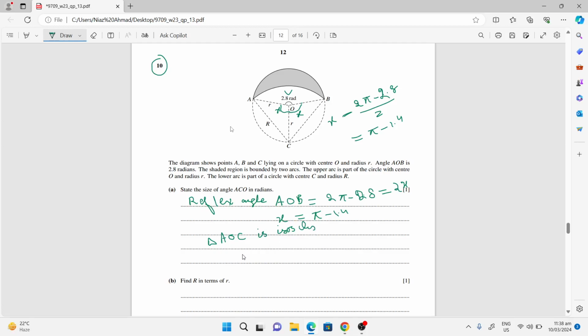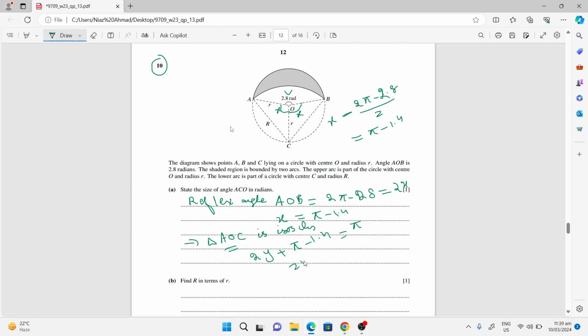So if it is an isosceles triangle, now the unknown value, I'm using the triangle concept. In triangle AOC, which is isosceles, two angles are the same, y. The third angle x is pi minus 1.4, and all these angles add up to pi.